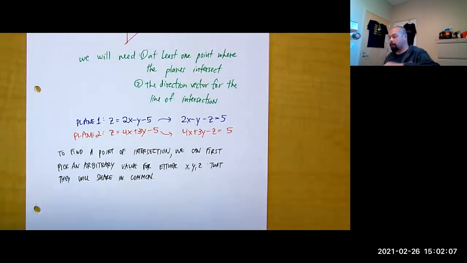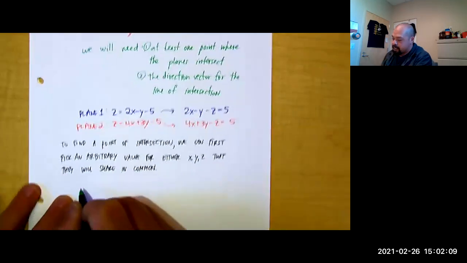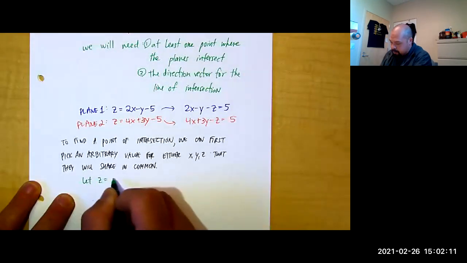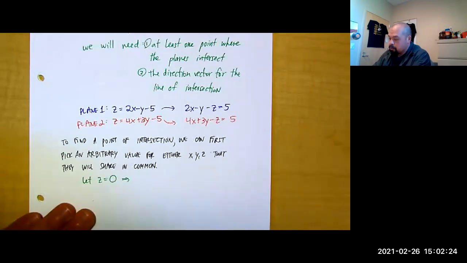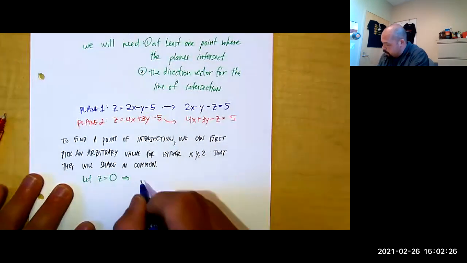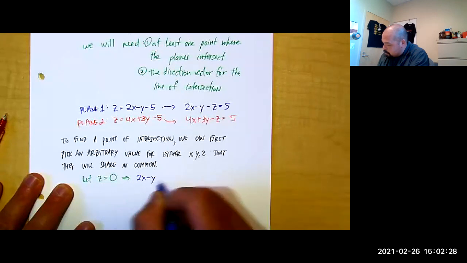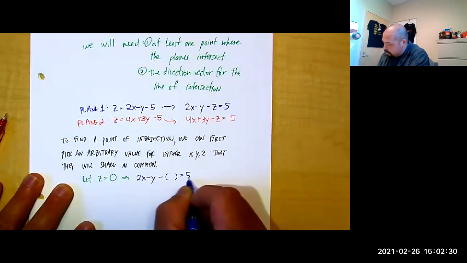And so we're just going to arbitrarily pick one value. In this case, let z equal 0 out of ease. Figure out where these two planes cross when z equals 0, the xy plane. So plane 1: 2x minus y minus z is equal to 5.